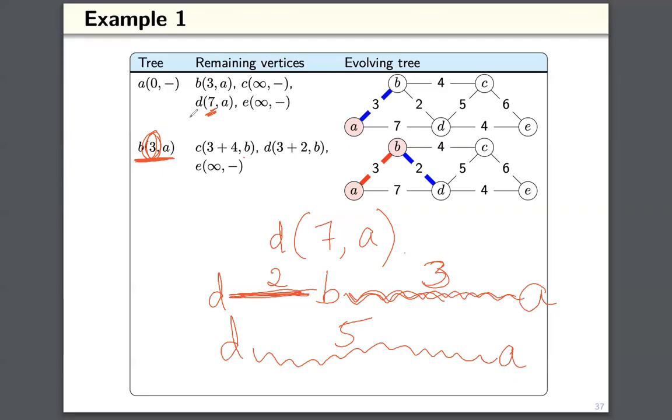So we will update this 7 to 5 via B, because its parent has to be B. So 5 comma B. So does this make sense? Yes. Consider in Prim's, how did we store the distance of C and D there?